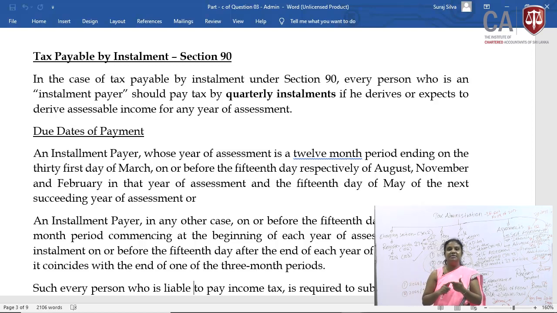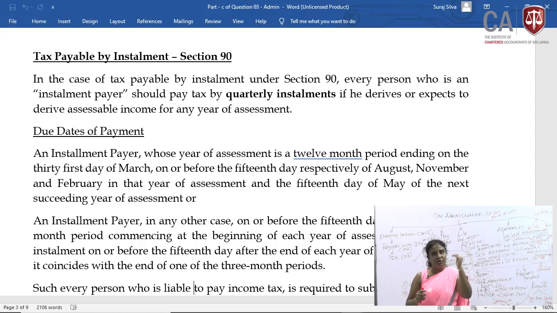The second quarter is due on the 15th November 2019, the third on 15th February 2020, and the final quarterly installment payment is due on the 15th May 2020.